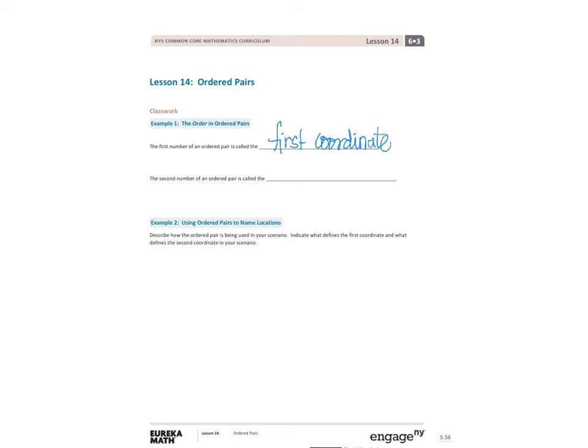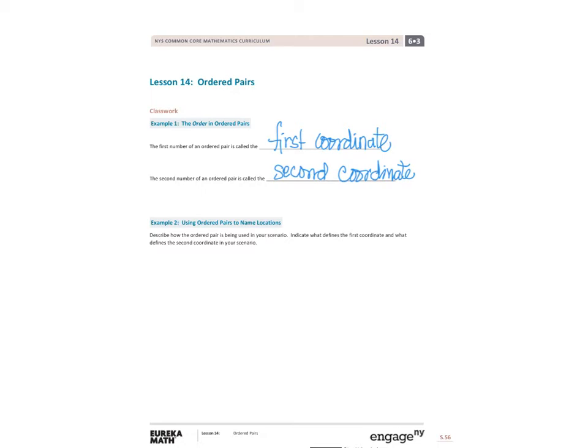The second number of an ordered pair is called the second coordinate. That was not too challenging. Okay, got that down. So then it says, describe how the ordered pair is being used in your scenario. Indicate what defines the first coordinate and what defines the second coordinate in your scenario.